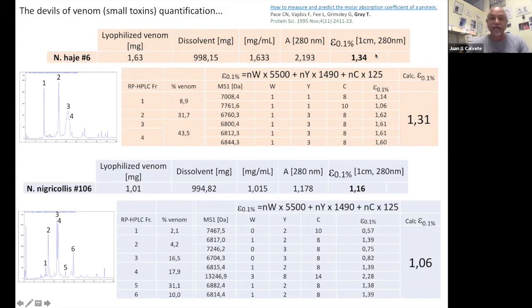There is also another method that works pretty fine, which is to calculate the same extinction coefficient for this venom, but taking into consideration the chemical structure of the components of the venom. Here, these are the major components of this venom. These are the molecular masses.